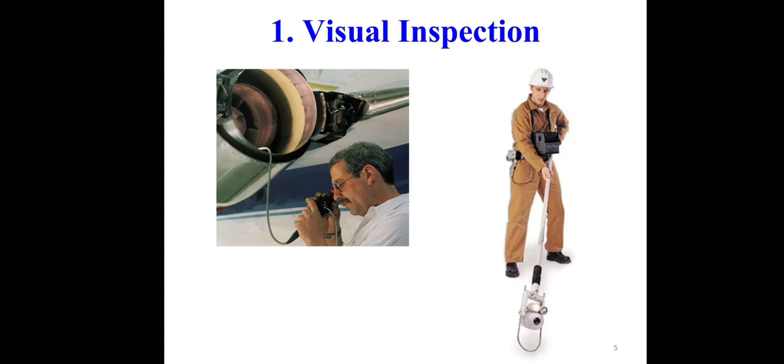In visual inspection, we can see that visual inspection is the simplest, fastest and most widely used non-destructive testing method. Visual inspection is carried out with the naked eye or using some optical aid such as a mirror, magnifying glass or microscope.